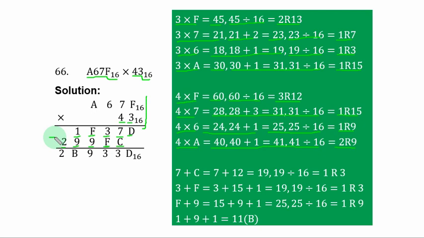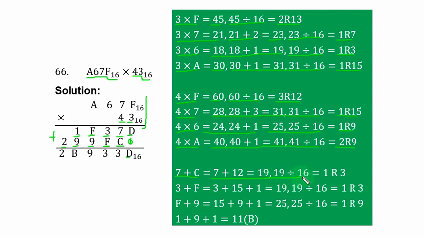After that, you add. The first column from right has only D, nothing is here. So D plus nothing is D. The second column is 7 plus C, that is 7 plus 12, that is 19.